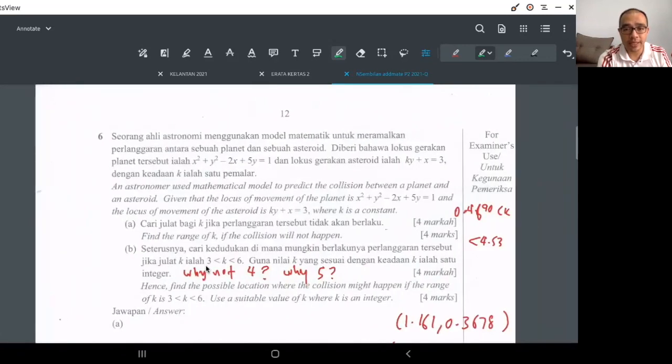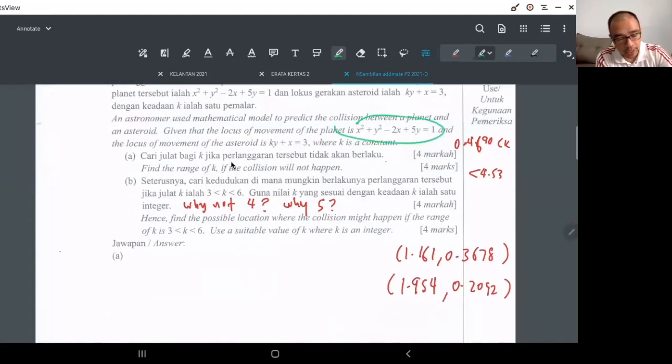Okay, number 6. Number 6 also, actually I have a problem with this question, but we can try this. Okay, astronomers use a mathematical model to predict the collision between a planet and an asteroid. Collision is quite okay, because collision means they are at the point of intersection. So you are given the locus of the planet, and the locus of the movement of the asteroid is ky plus x equals to 3.